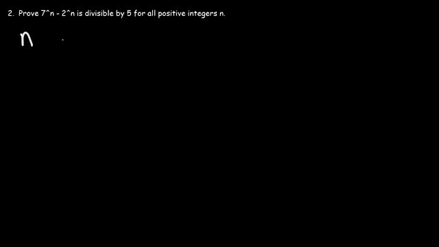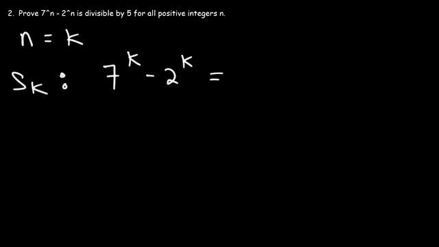Now let's assume that the statement is true when n is equal to k. So replacing n with k, we have 7 raised to the k minus 2 raised to the k, and we're going to set it equal to 5m, since we want to prove that it's divisible by 5.